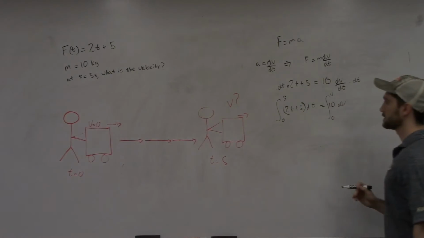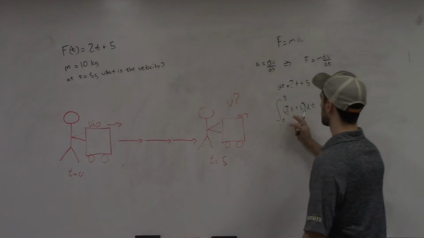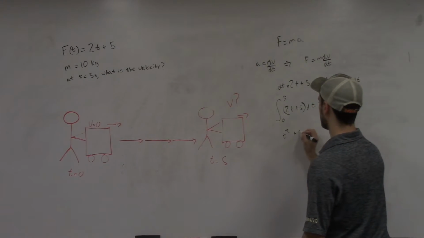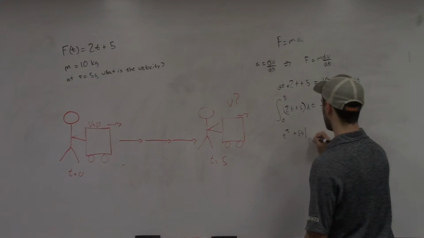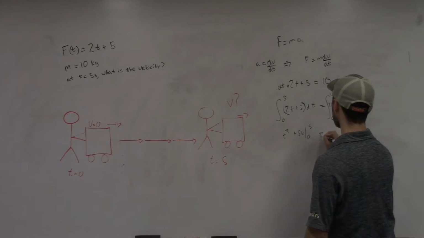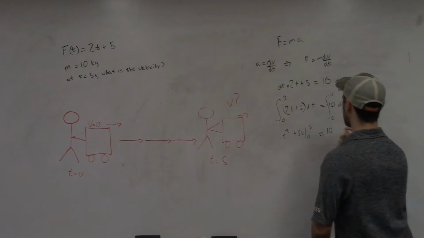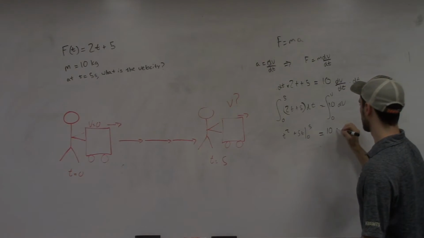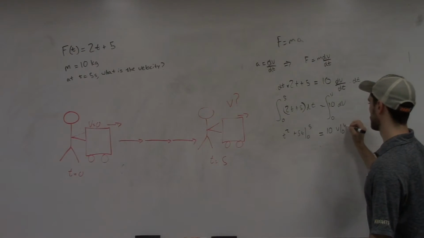So now all we have to do is do the integration and evaluate our boundaries. So if I integrate 2t + 5, this will be t² + 5t, from 0 to 5. And here we have 10 will just come outside, and then this will become v, from 0 to v.